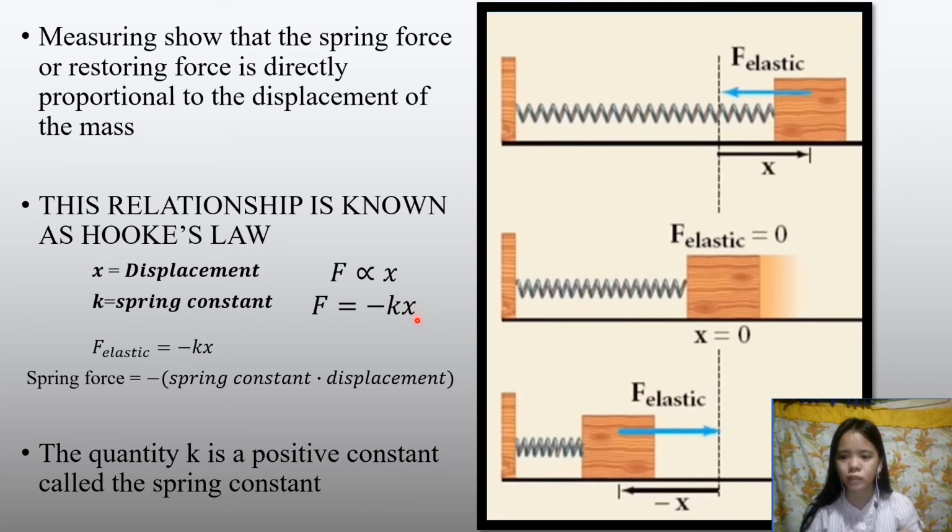The negative implies that the restoring force is in the opposite direction of the displacement. The quantity k is a positive constant called the spring constant.